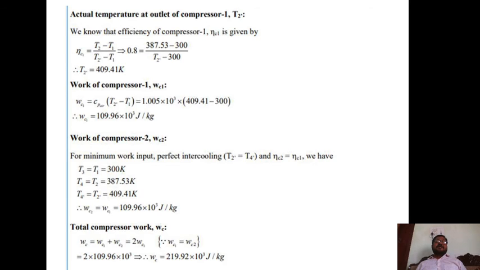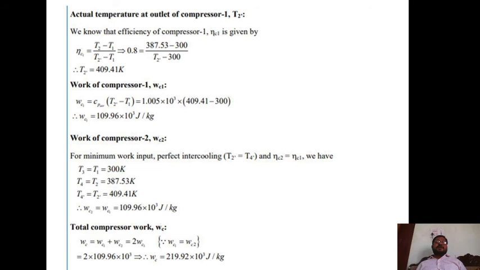We have to convert that kilojoules into joules. That's why you have to multiply this by 10 to the power of 3, 10 to the power of 3 is nothing but the kilo. Okay, T2 dash minus T1. T2 dash is what we just calculated. That is 409.41 minus 300. That is the work absorbed by the first stage of compressor, 109.9196 into 10 to the power of 3. It is in joules per kg.